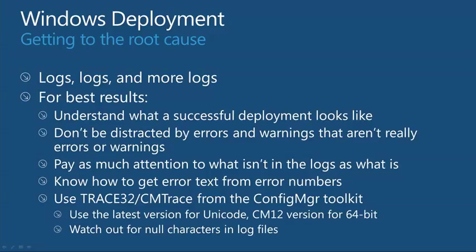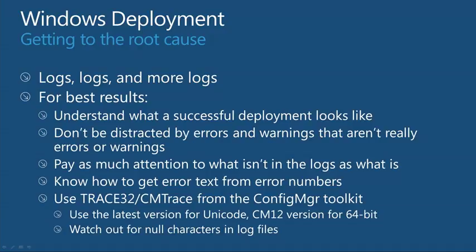Use the latest version to try to avoid those. There is a 64-bit version of it provided in Config Manager 2012 as well. So a lot of people will take a tool like this, Trace32 or CM Trace, and include it in their Windows PE boot images. So if they have an error, they don't even need to get into Windows PE, map a drive to a network share, copy the log off, and open it up. They just run Trace32 from within Windows PE. Look at the file right then and there.